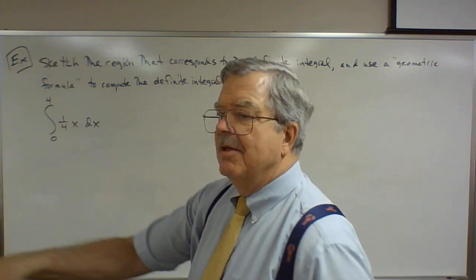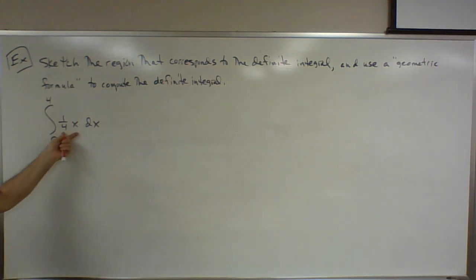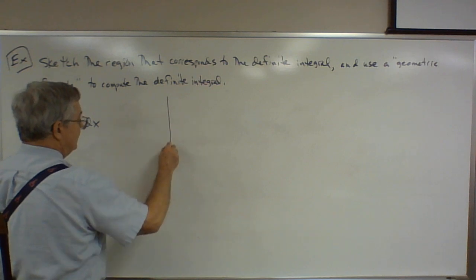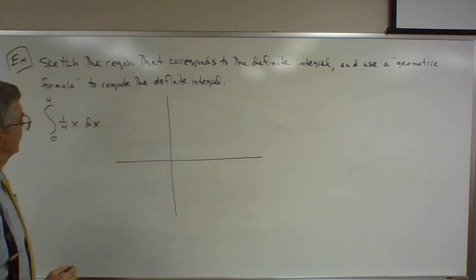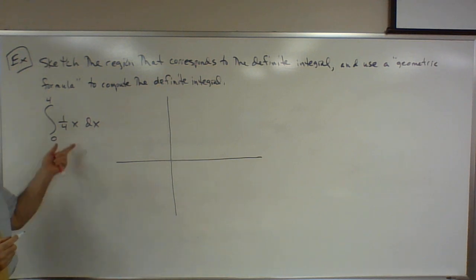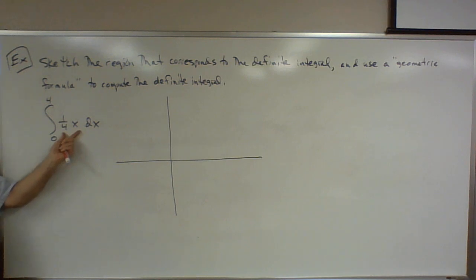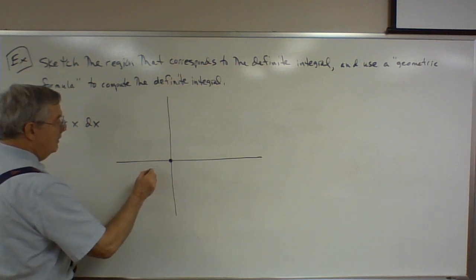Okay. So here's our function. f of x equals 1/4 x, or y equals 1/4 x. Isn't that just a line with slope 1/4 and y-intercept 0? So it's going to be a line going through the origin.